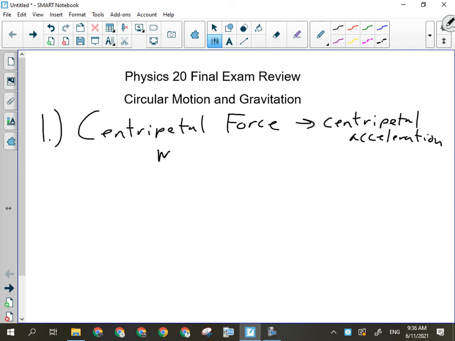So that's mv squared over r. This is v squared over r. What's different is essentially this is mass times acceleration. Something will only move in a circle if there's a force pulling it towards the center, causing it to accelerate towards the middle.